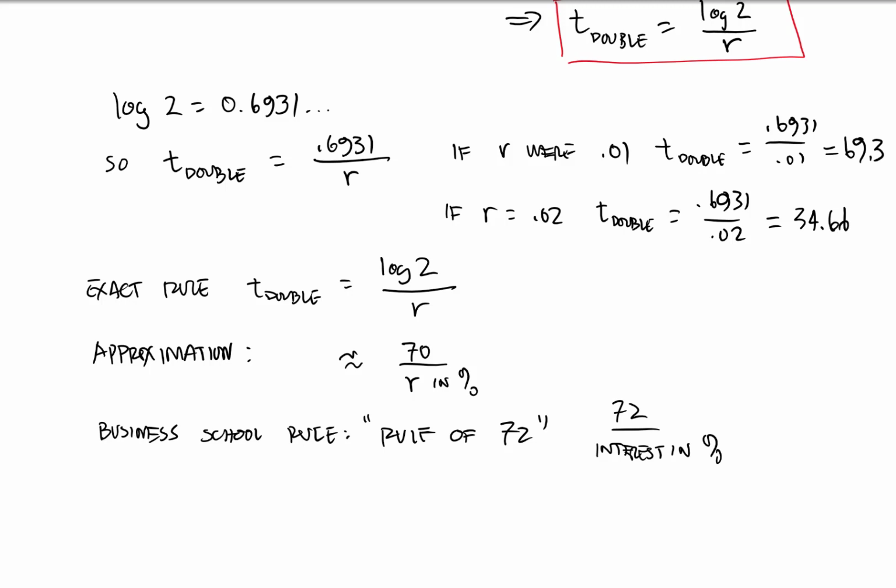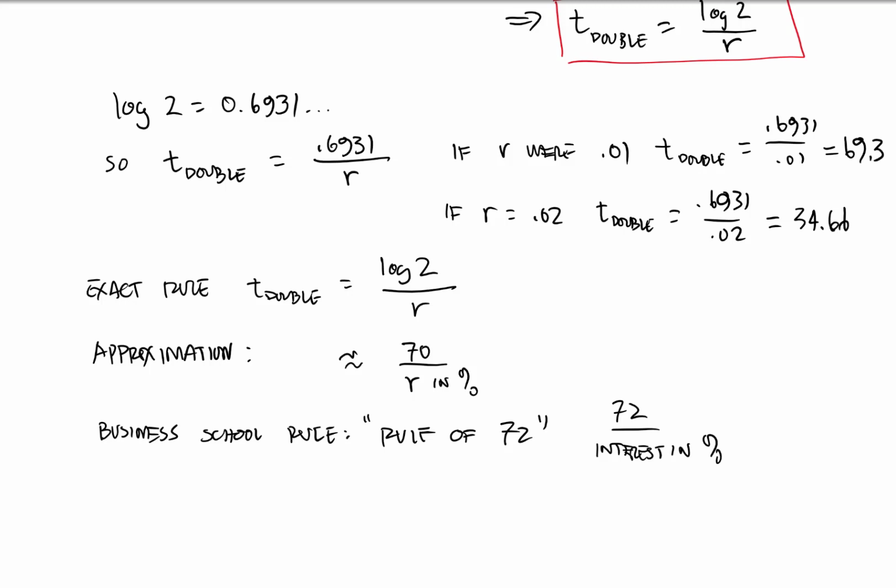So if you can invest your money in an account that promises you 4% per year, then it will take you 72 divided by 4, which is 18 years to double your money. We actually happen to know that at 4% it's 0.6931 divided by 0.04. But in business schools, they just teach you these approximate rules, and our approximate rule is the rule of 72.